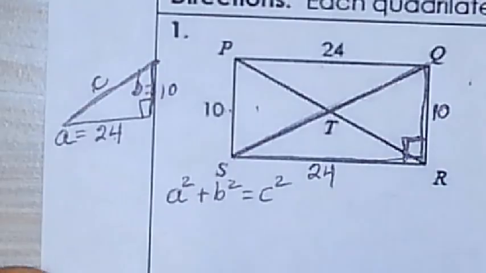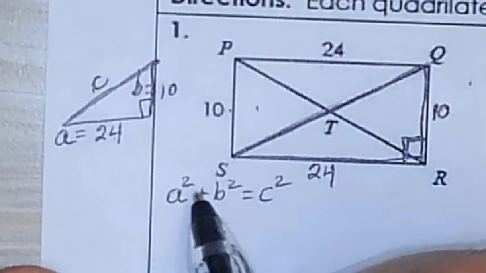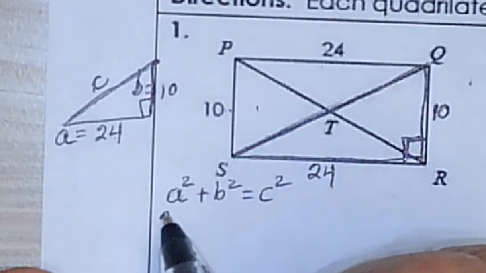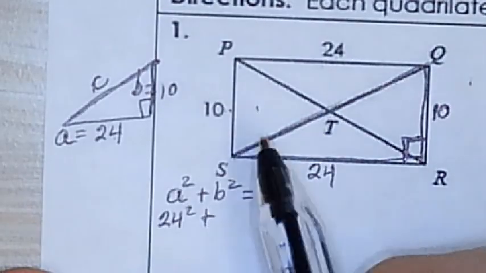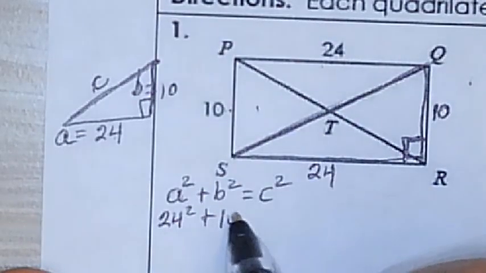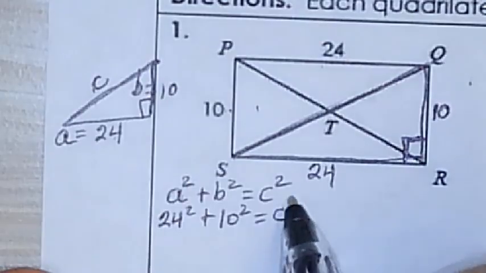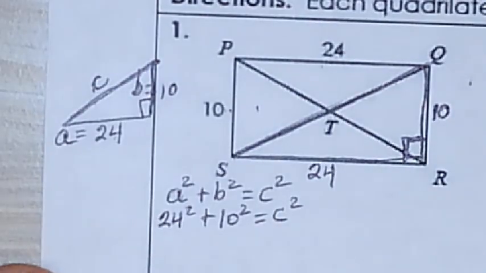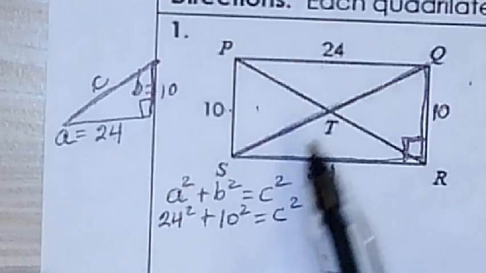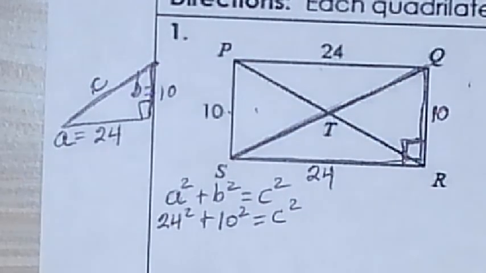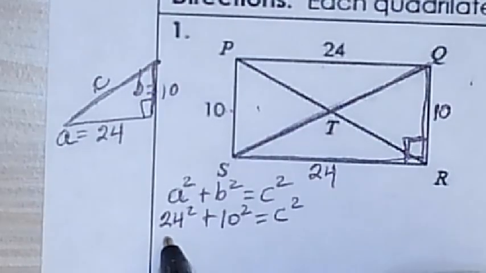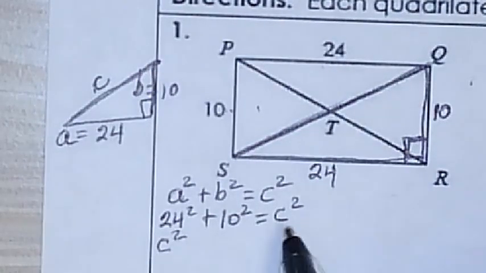I do my substitution. So a is 24, so instead of a squared, I'm going to put 24 squared. Instead of b squared, I'm going to put 10 squared, and that equals c squared. I didn't substitute a value for c because I don't have a value.